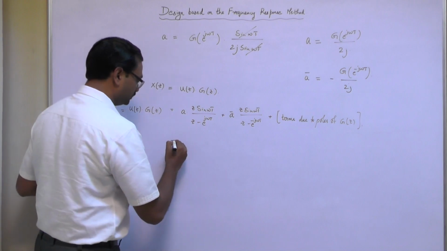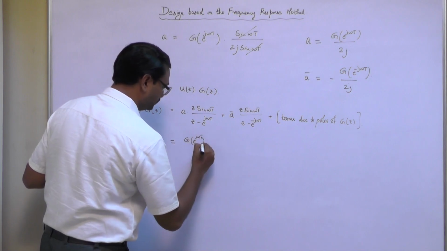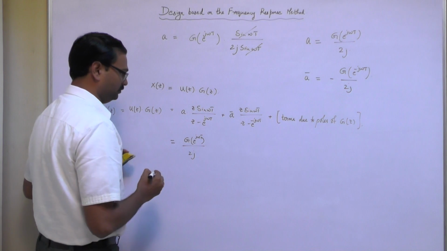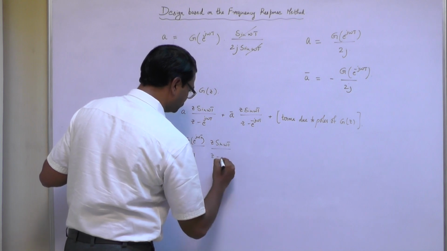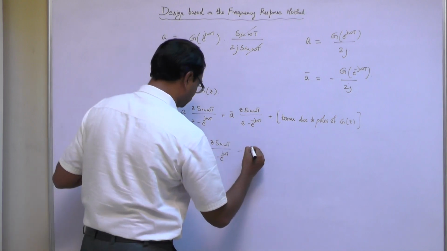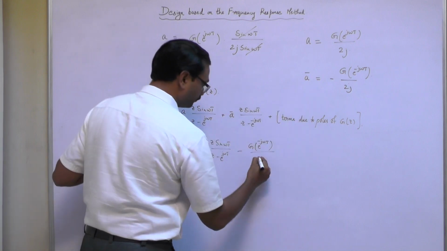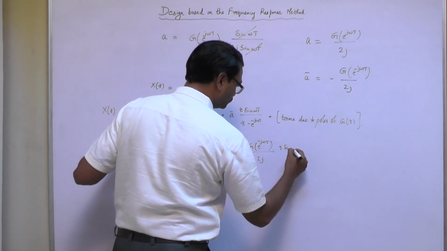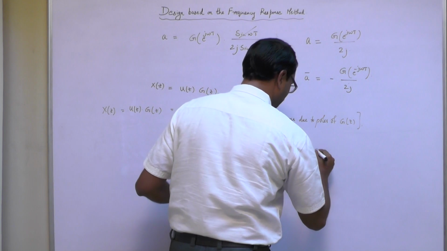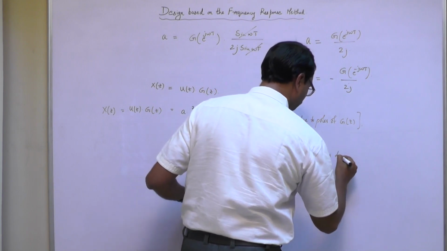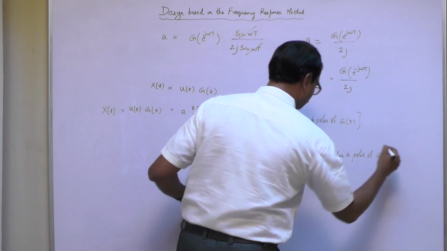Right. So what is A that we have got? It is nothing but G(e^{jωT}) by 2j, times z sin ωT by z minus e^{jωT}, and A bar is G(e^{-jωT}) by 2j, times z sin ωT by z minus e^{-jωT}, plus terms due to poles of G(z).